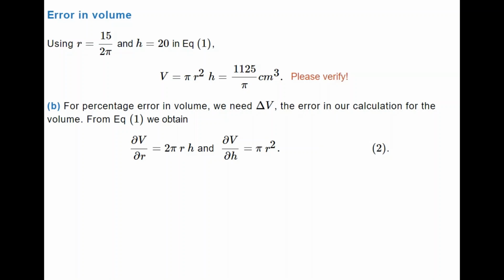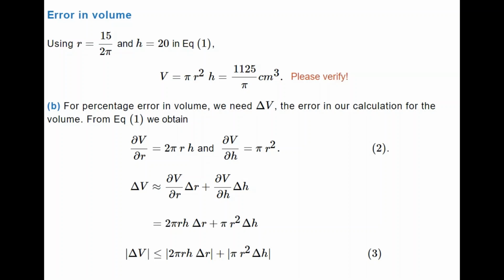And in that case, delta V, the change in the volume, would be, as we know, nearly equal to partial V by partial R times change in R and partial V by partial H times change in H. And inserting the values of dV/dR and dV/dH, we can get this expression of 2 pi R H times delta R plus pi R squared times delta H, which is straightforward to follow.